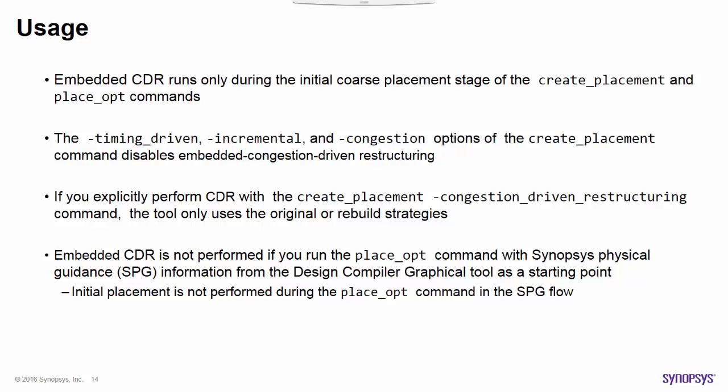Please note, when you use the -congestion-driven restructuring option in create placement, the tool will use original or rebuild CDR only and not run embedded CDR even if you set the CDR strategy as embed. Also, please note that the CDR runs only in initial coarse placement and so it does not support the placeopt SPG flow.